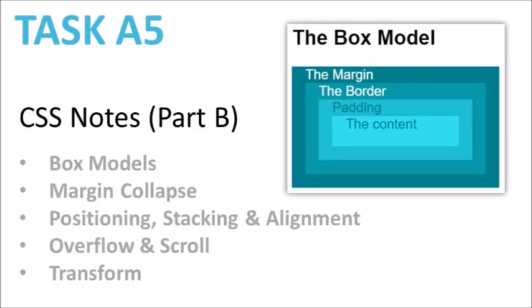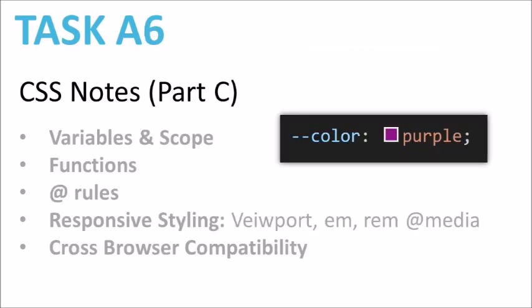Continuing, we also want to look at box models, margin collapse, positioning, stacking and alignment, overflow and scroll, and transform, and variables and scope, functions, @rules, responsive styling, so using viewport, EM and @media, and cross-browser compatibility. And of course, you can add more styling notes as needed.